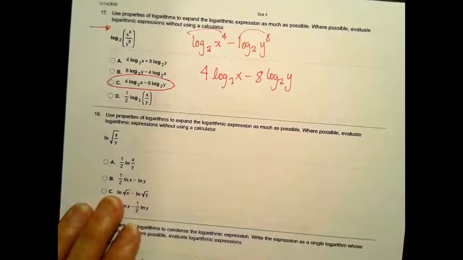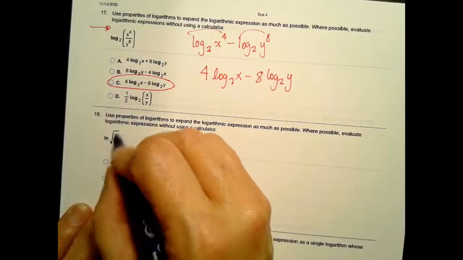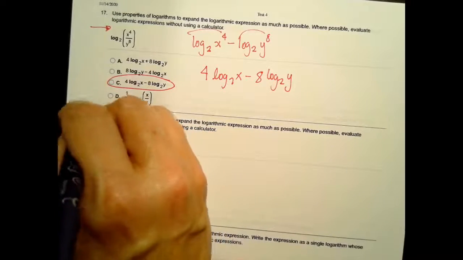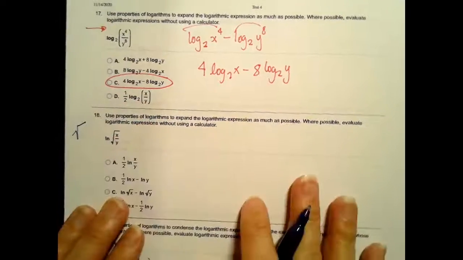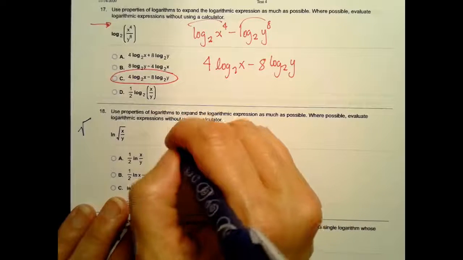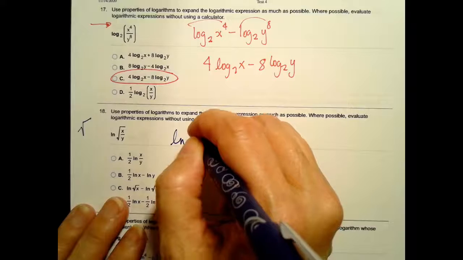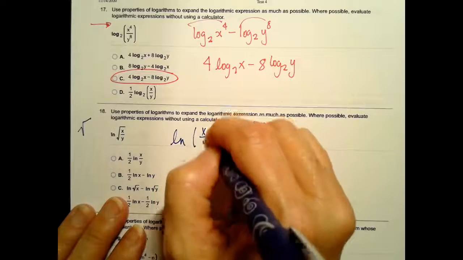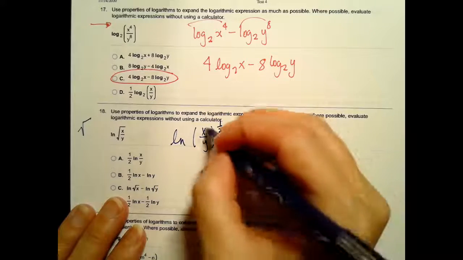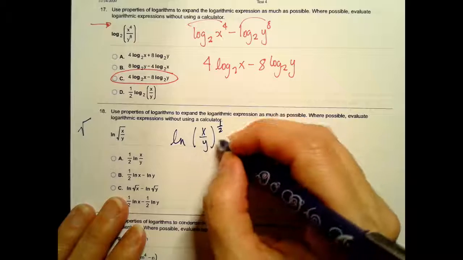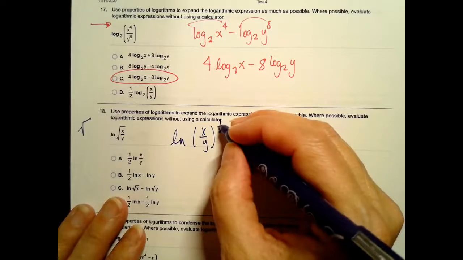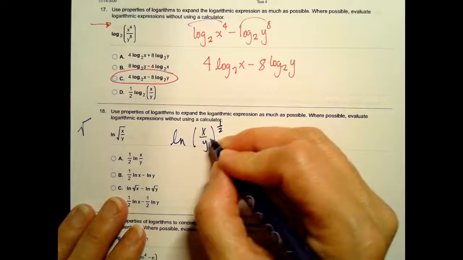Next, let's go ahead and rewrite. Remember that square root, we're going to use it as a power of 1/2. So this is the natural log of, now you're going to have to remember a couple things, x over y to the 1/2. Then using the exponent rule, each of them gets the exponent.